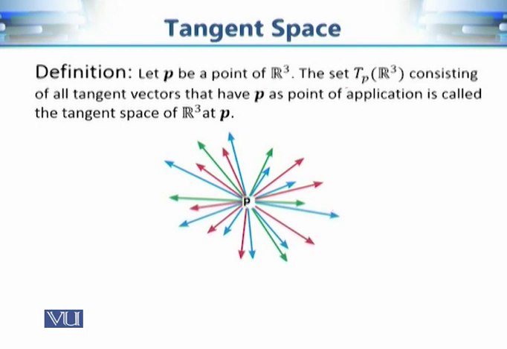Now at any point P, we can talk about the set of all vectors at that point P, and it is denoted as Tp of R3, and it is called the tangent space of R3 at point P. Now point P is important because we are collecting all the vectors at point P. R3 is important because sometimes we can also restrict our structure to some surface or to some curve, and then we will be talking about the collection of all vectors at point P to that surface.